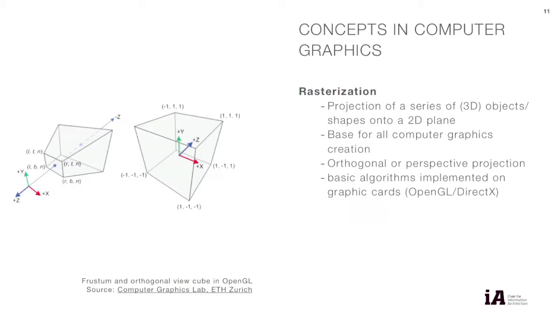And the same kind of projections are covered in computer graphics, a bit more abstract. Here you have the frustum, that's a cut pyramid. And this actually defines the perspective of a 3D camera.